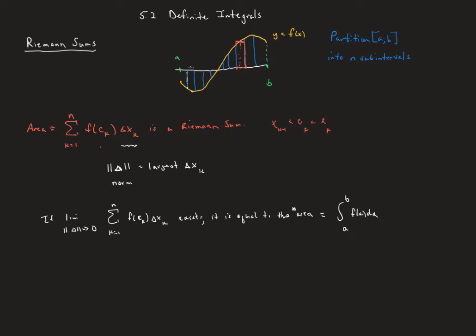So to get that area. So this is known as the definite integral. That's our definition of the definite integral. It is that limit as the norm goes to 0 of this sum of infinite rectangles.